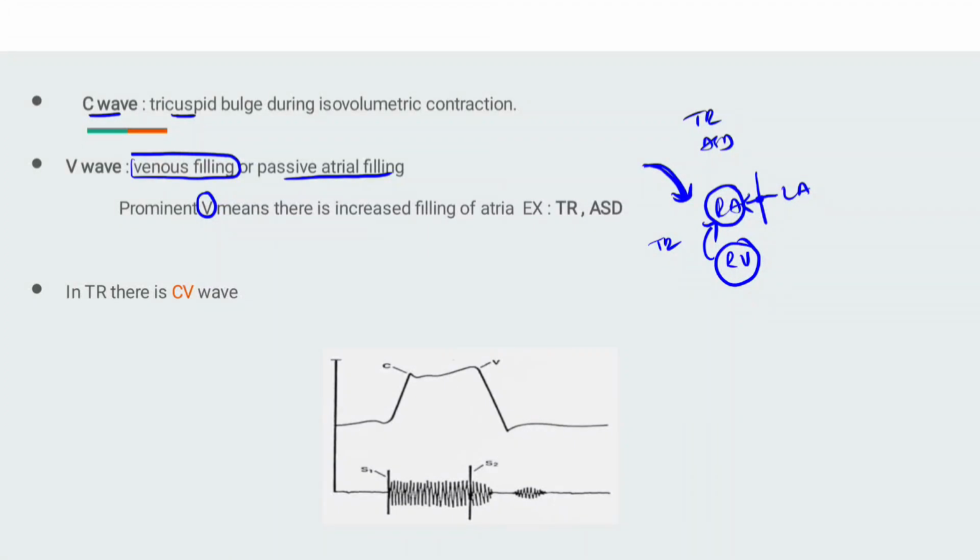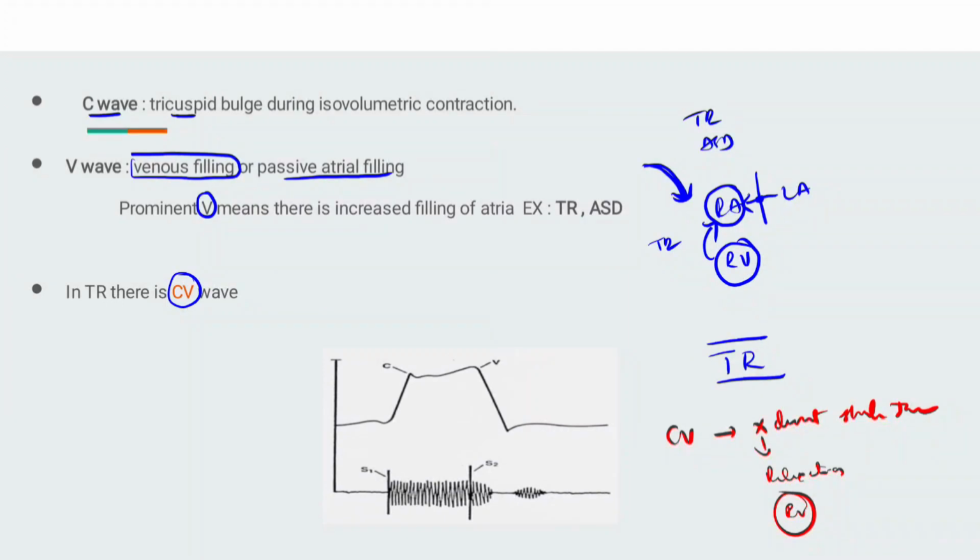The next one is very interesting, the CV wave. CV wave is only seen in tricuspid regurgitation because, to have a CV wave, the X wave should not be there. The X wave indicates relaxation, when the atria relax and pour all their blood into the right ventricle.